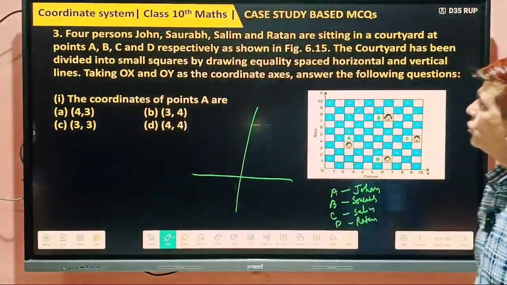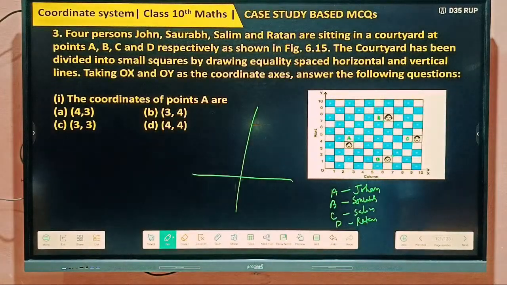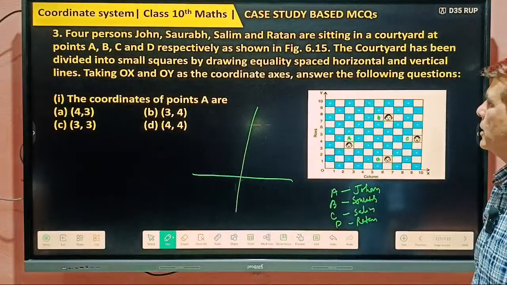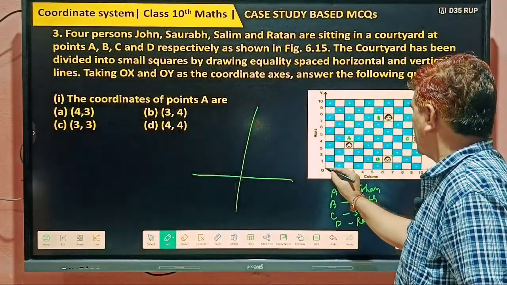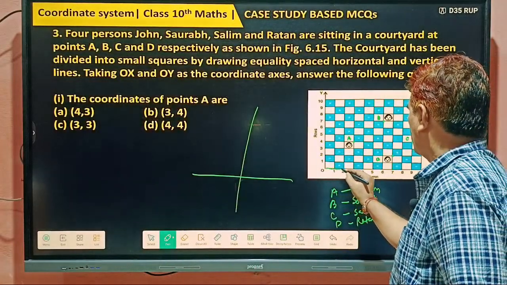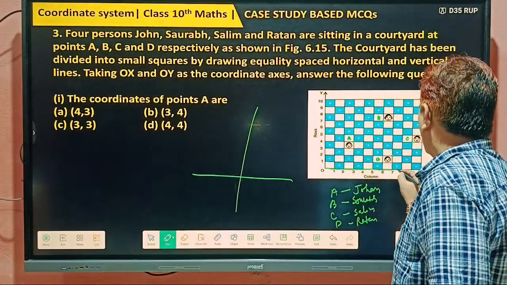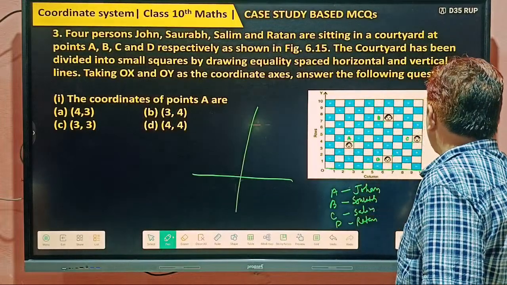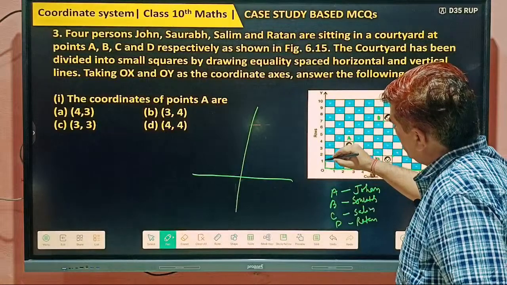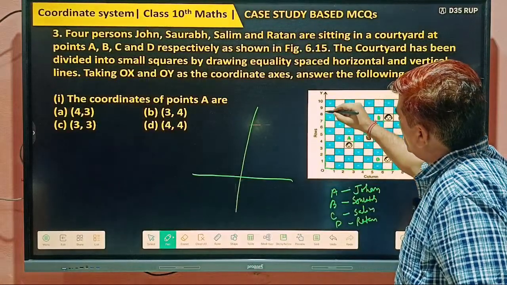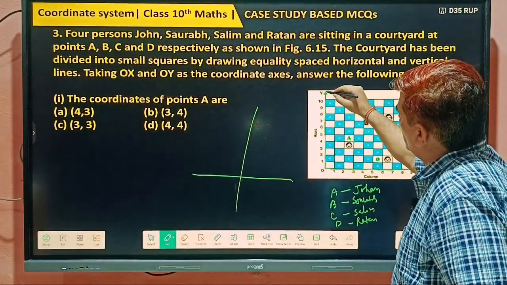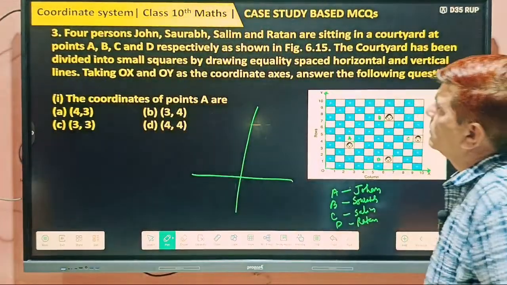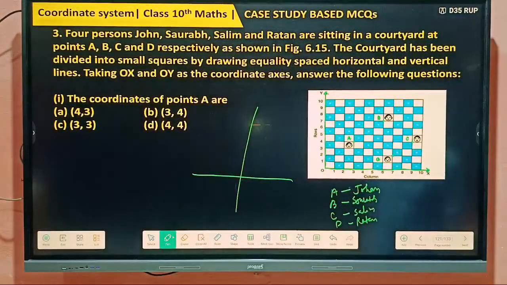So this is the x-axis, and this one is the y-axis. Understood? Answer the following questions.